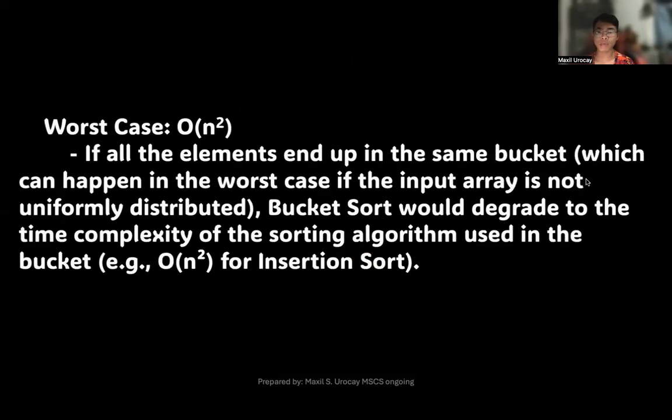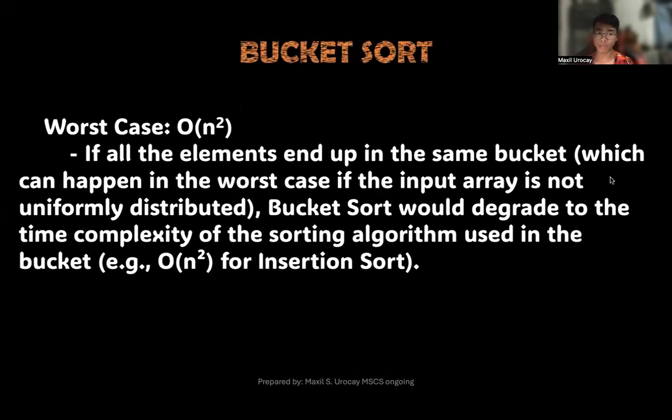For the worst case, if all the elements end up in the same bucket, which can happen if the input array is not uniformly distributed, bucket sort would degrade to the time complexity of the sorting algorithm used in the bucket. That means quadratic time if you're using insertion sort.